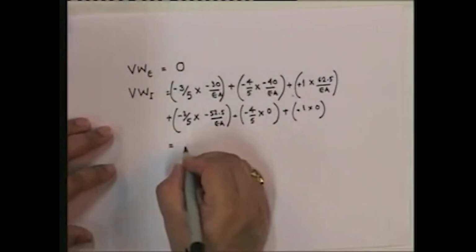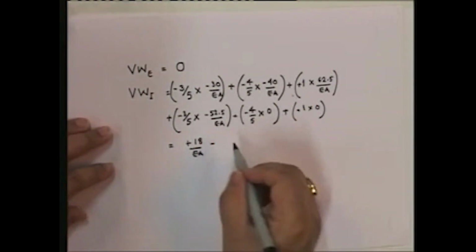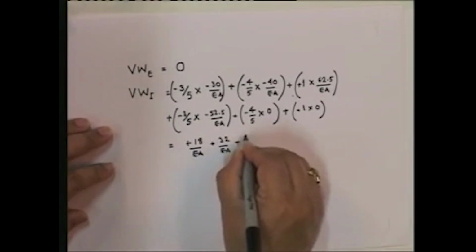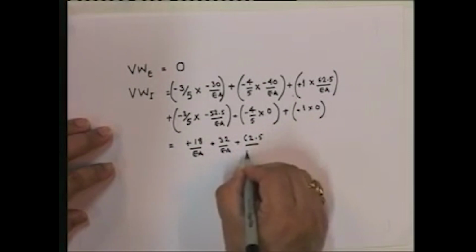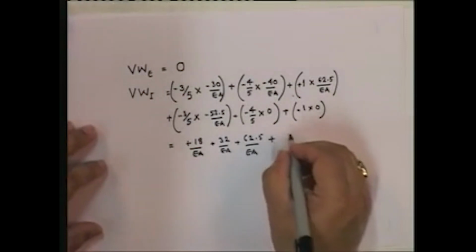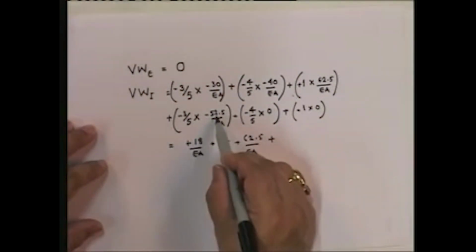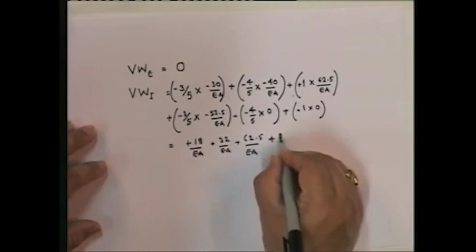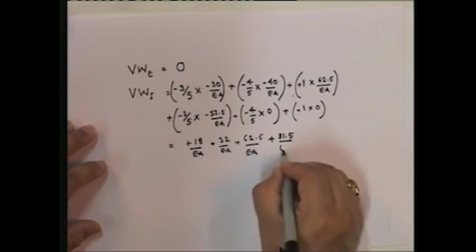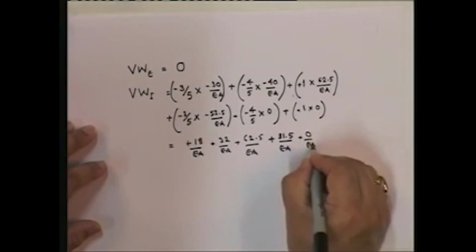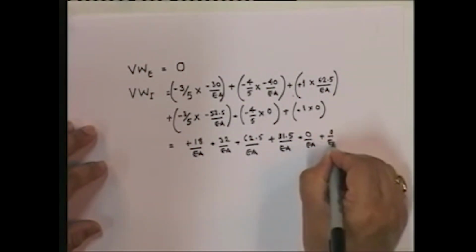So what is the total internal virtual work? You will see that it is going to be equal to plus 18 upon EA plus 32 upon EA plus 62.5 upon EA plus, here you have 10.5. So 10.5 into 3 is 31.5 upon EA, and these are 0 and 0, plus 0 upon EA plus 0 upon EA.